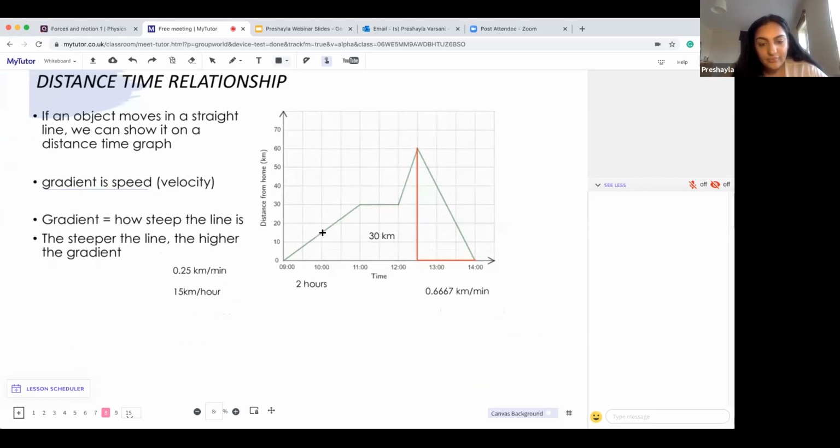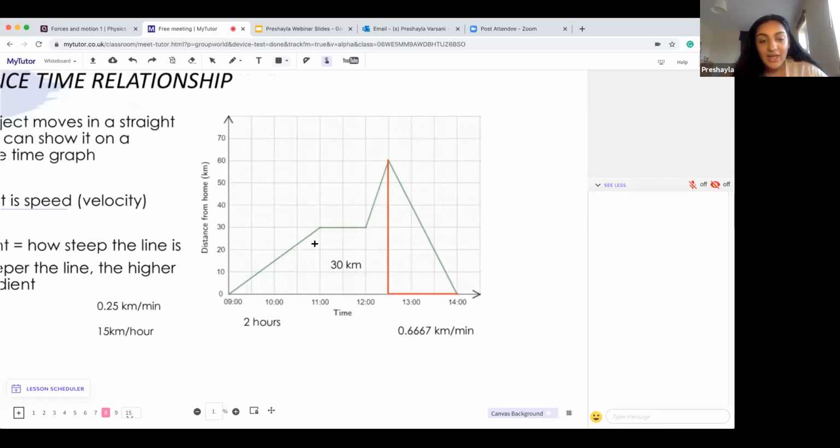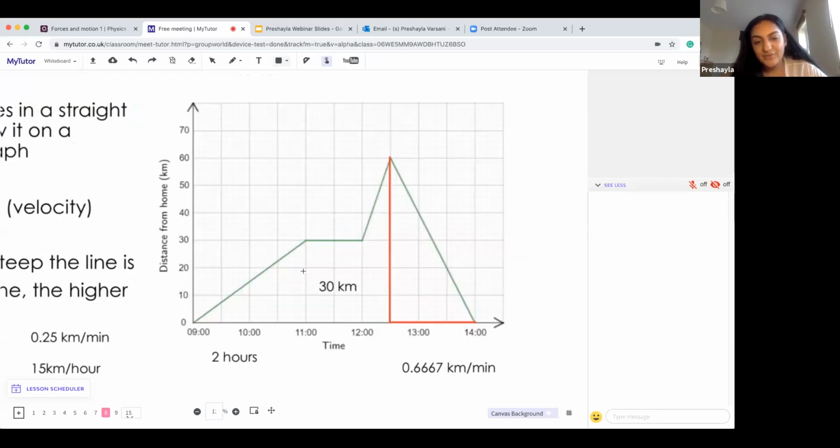Well, the gradient of the line is how far up it is divided by how far across it is. So it's the change in the y value divided by the change in the x value. So we can see that the change in the y value is 30 kilometers. And the change in the x value is 2 hours.